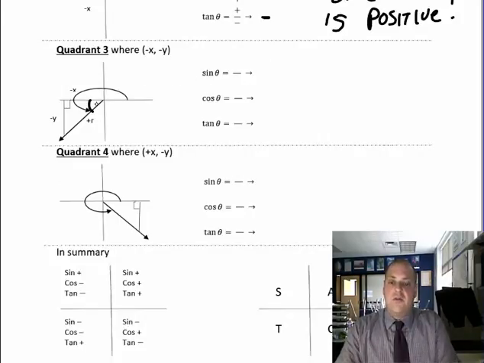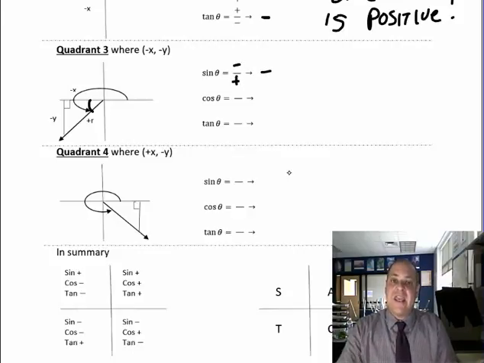In quadrant 3, we've got to do it now. Here's our angle. Opposite is negative. Hypotenuse is positive. A negative divided by a positive is a negative. In quadrant 3, the cosine, adjacent is negative divided by a positive, which is negative.